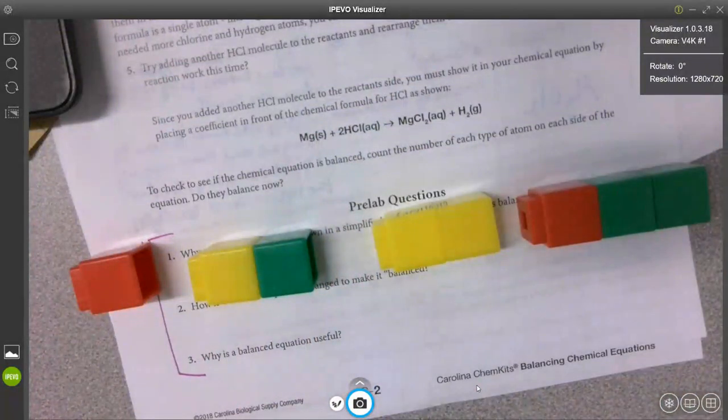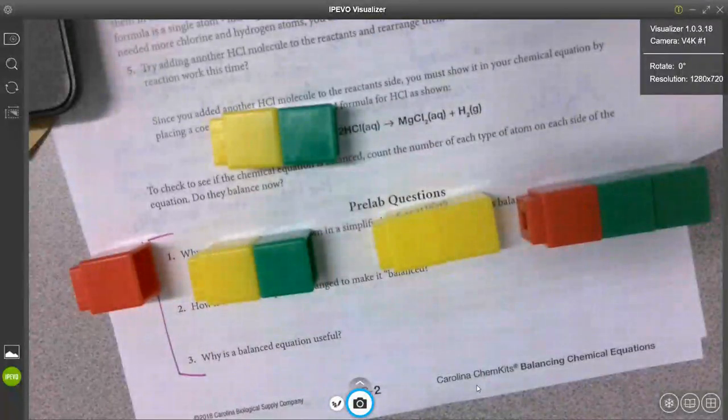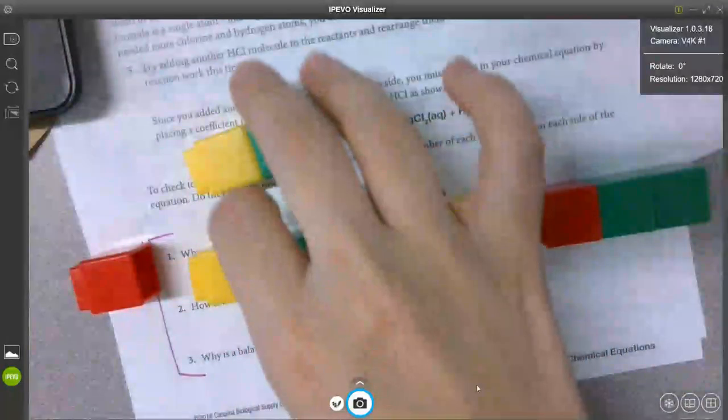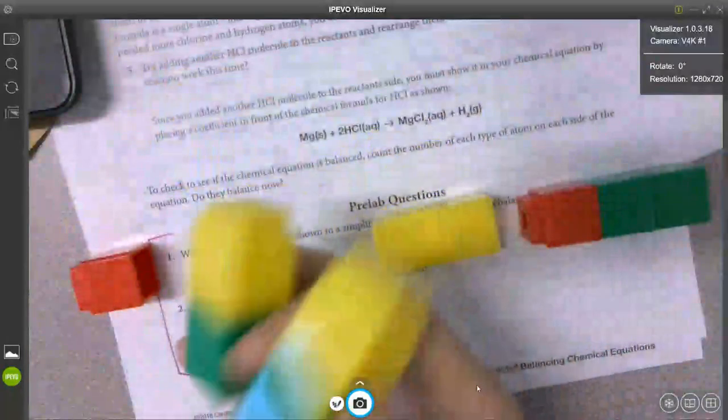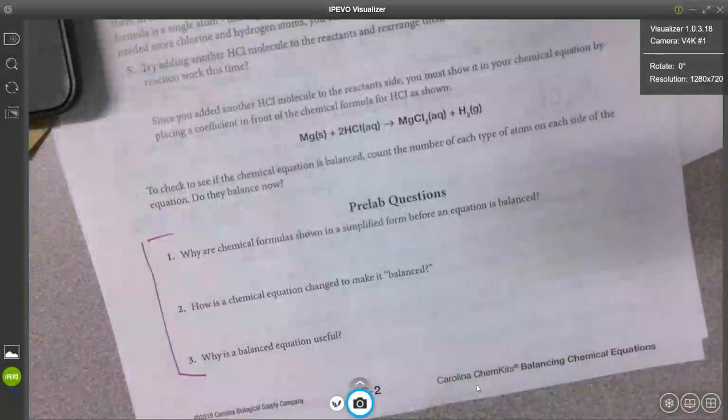We didn't just throw an atom there, we added another molecule. So in order to balance electrons, you need to change your number of molecules. So that would be your answer for number 2.